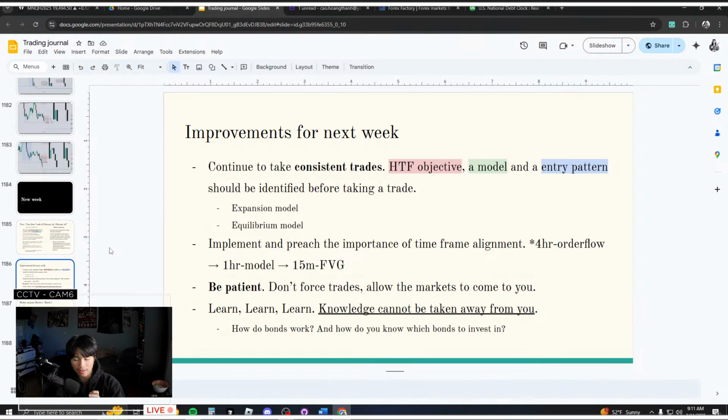So understand time frame alignment, right? Example: 4-hour order flow, hourly model, 15-minute fair value gap. Weekly order flow, daily model, 4-hour fair value gap. Reading from page 1, page 2, page 3, not from page 1 straight to page 50.